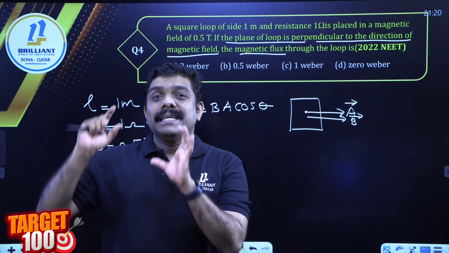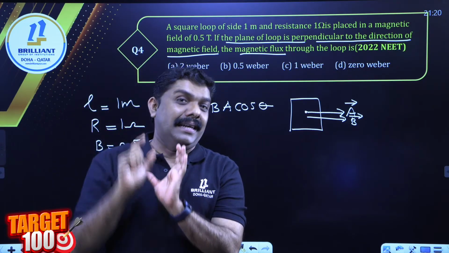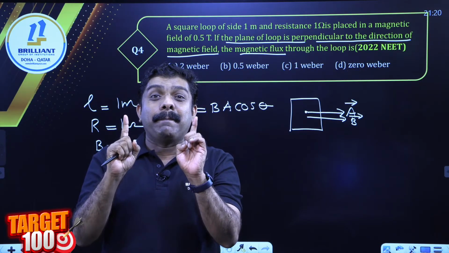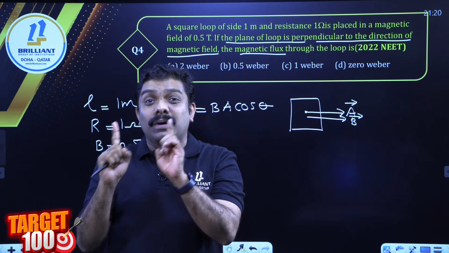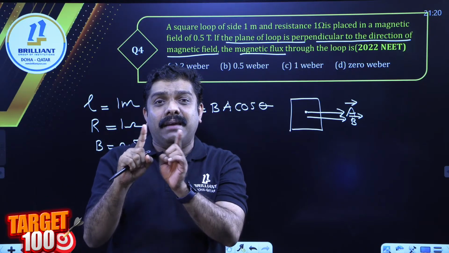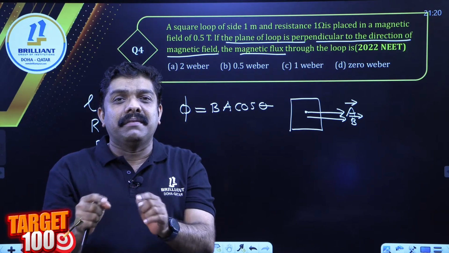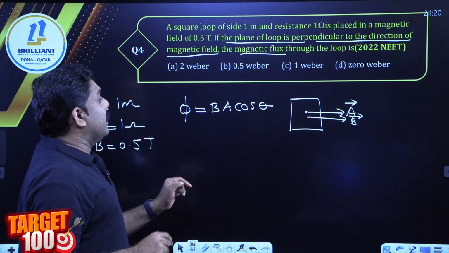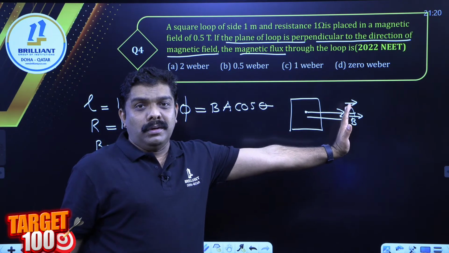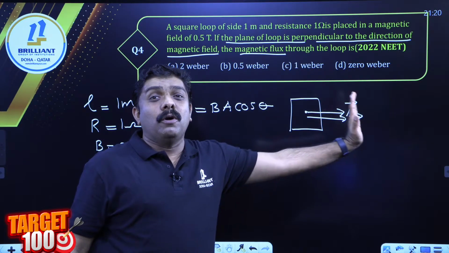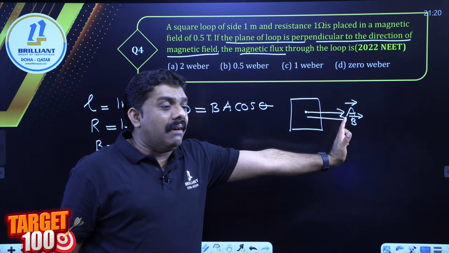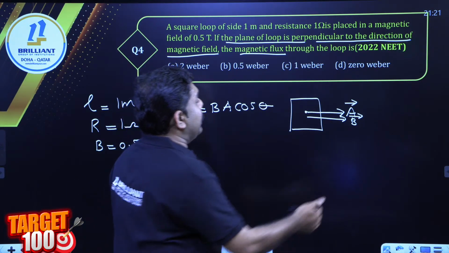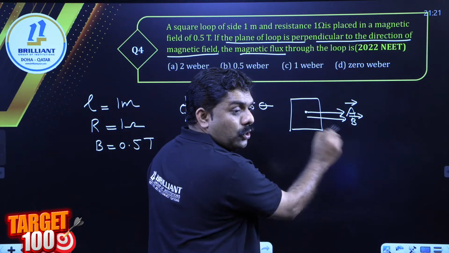They think perpendicular means theta 90. Please take care. Perpendicular does not mean the angle between plane and field. It is the angle between area vector and field. Area vector is normally outward, so field is also perpendicular means area vector and field are in the same direction. So the angle is 0.